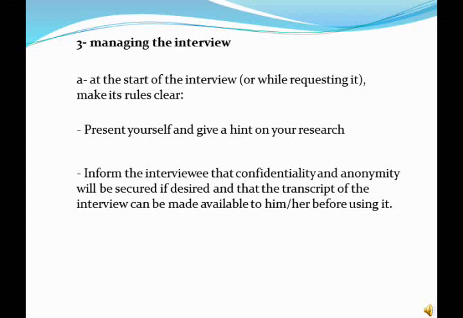Right, so assuming that I prepared well for the interviews in general, and I'm preparing well before each interview, the second step is to manage the interview itself. What should I do during the interview itself?